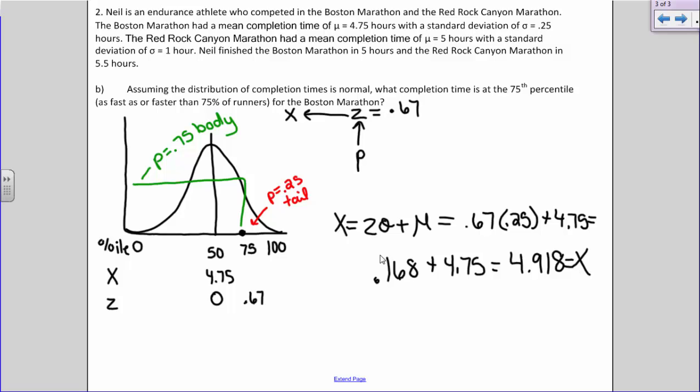That is the x value at the 75th percentile. So based on this, you could say that 75% of runners in the Boston Marathon had a completion time of 4.918 or lower, right? And conversely, 25% of Boston Marathon runners took longer than 4.918 hours to complete the marathon.